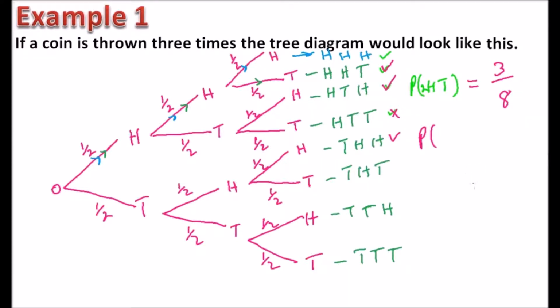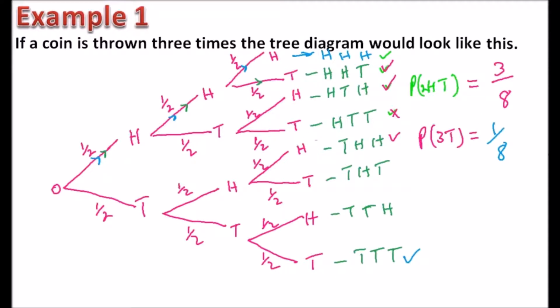The probability of getting 3 tails is equal to, we have only one occasion where we have 3 tails, this one, so it is equal to 1/8. So that's why I'm saying working with the tree diagram in probability is not only easy but very interesting, and you are sure of your answer.